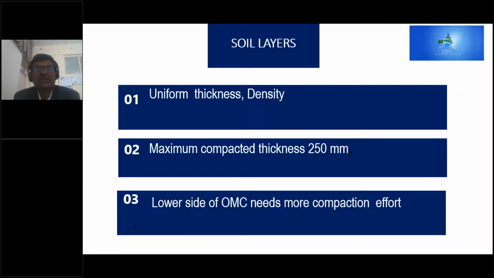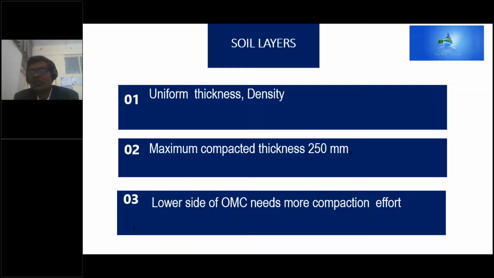The other important aspect whenever we are constructing soil layer is the maximum layer thickness. Earlier it was 200 mm for the allowed compacted layer thickness. Now it is 250 mm in this revision.